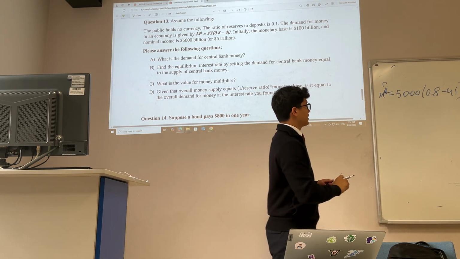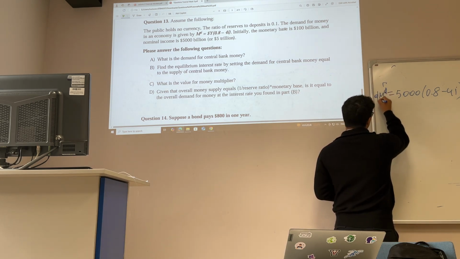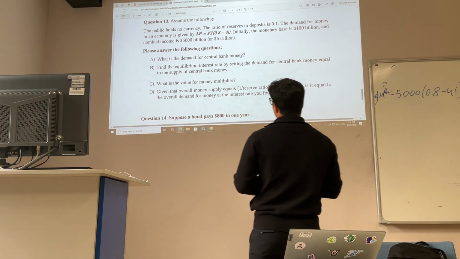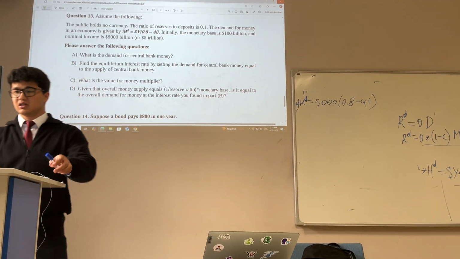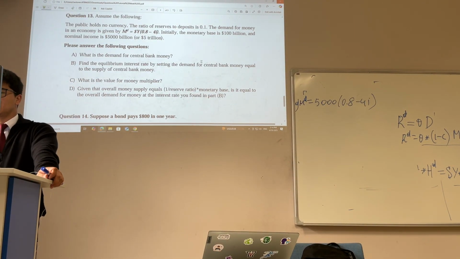For A, that was for A part. That was our demand for central bank for money. And here, find the economic interest rate by setting demand for central bank money equal to supply of central bank.